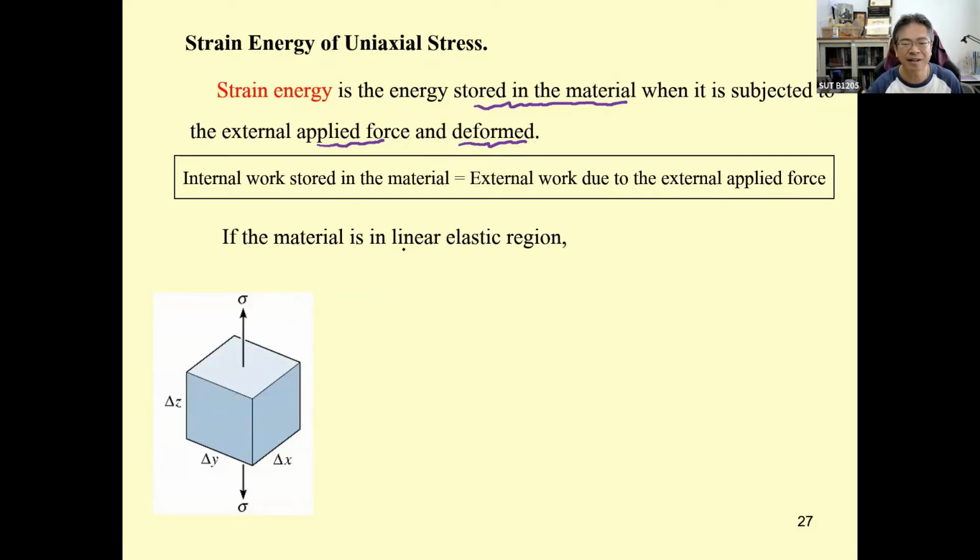If the material is in the linear elastic region, as I said, consider this volume and test it. The force displacement is also going to be linear elastic. The area under here is also the work.